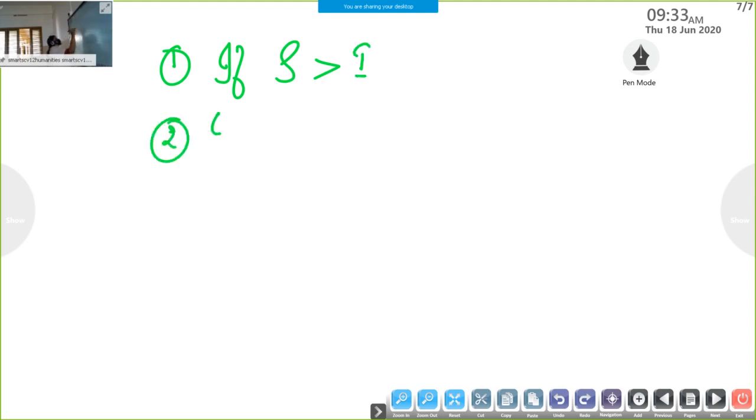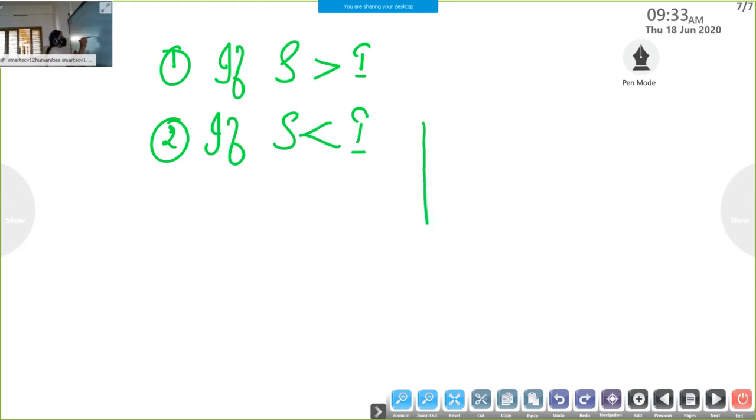Second situation, if saving is less than investment. Again the same explanation we can use here, only a different diagram, using the saving curve and investment curve we can explain this mechanism. So first I am taking if saving is greater than investment.